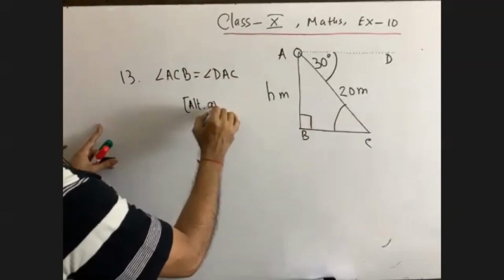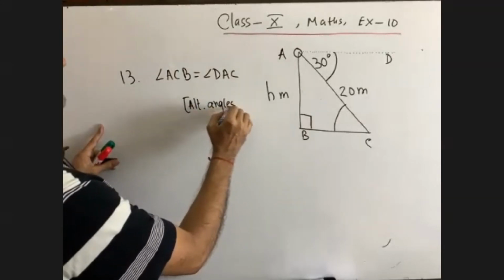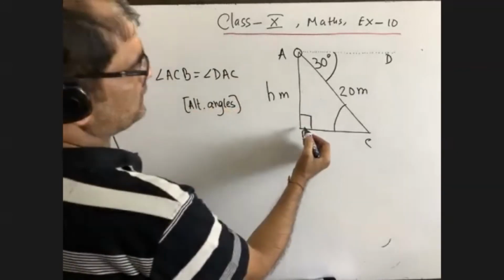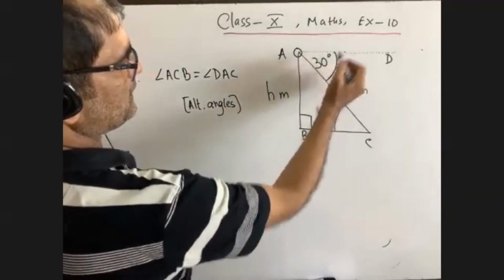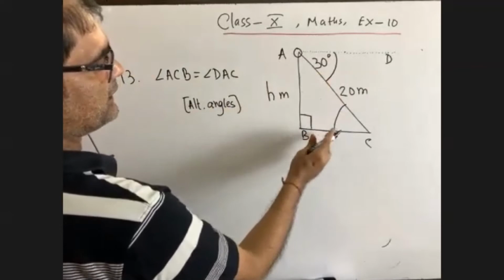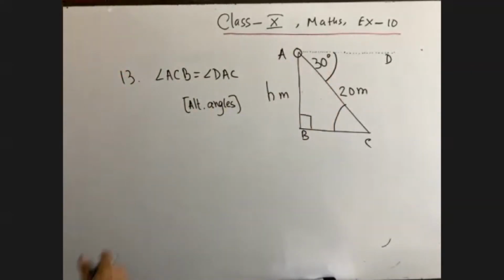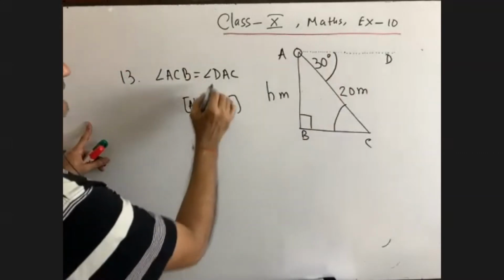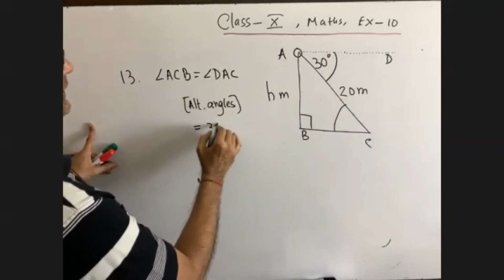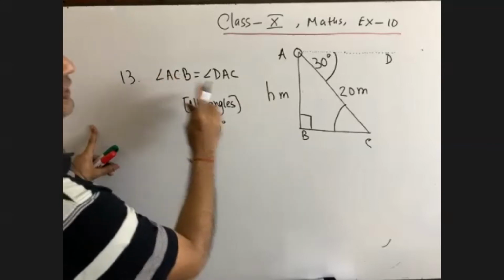Alternate angles are equal. Why are they alternate angles? Because these two lines are parallel. It is 90 degrees, it is 90 degrees, so these lines are parallel. So what is the value of angle DAC? DAC is 30 degrees. That means angle ACB is 30 degrees.